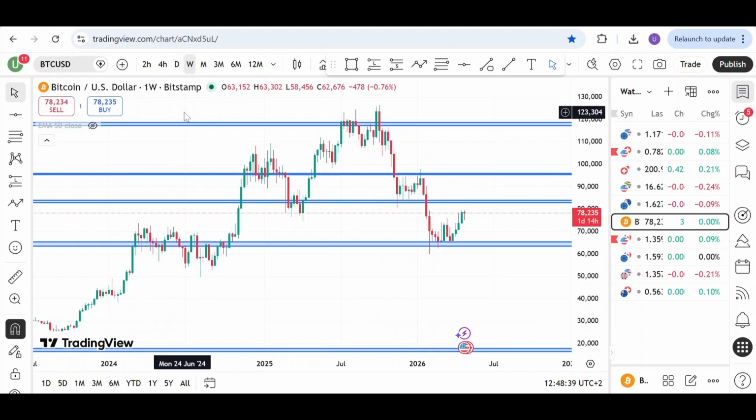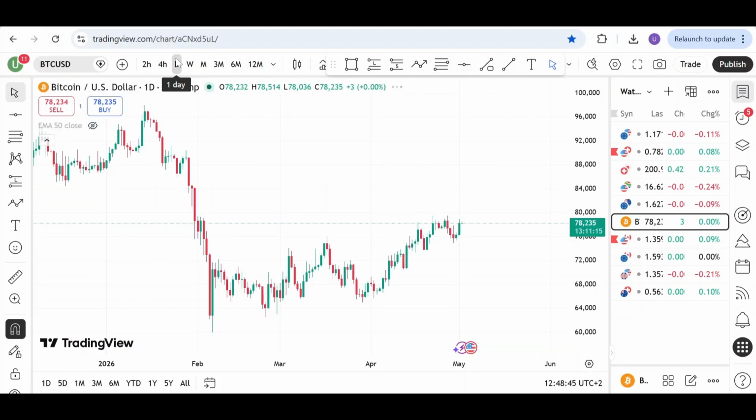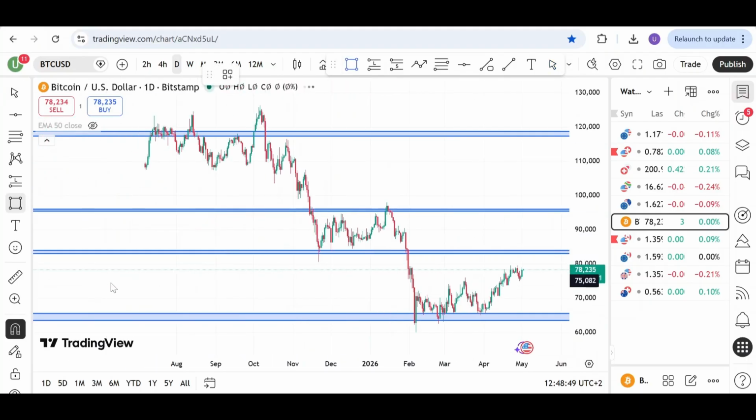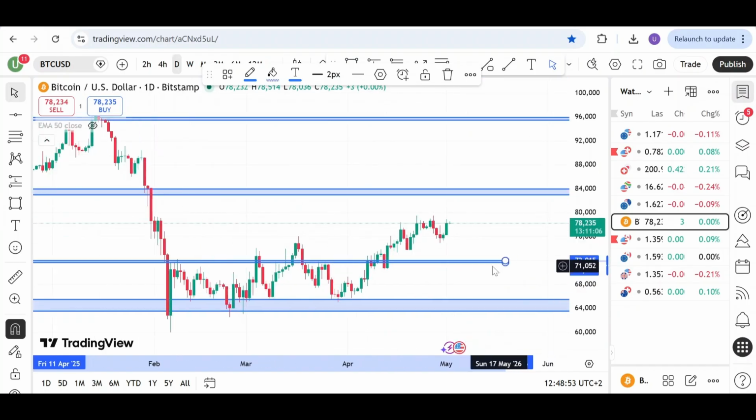How are we going to capitalize on this bullish momentum? Let's go to the daily time frame. Now we are in an uptrend. We are in an uptrend. How? Look, this is a daily level here.